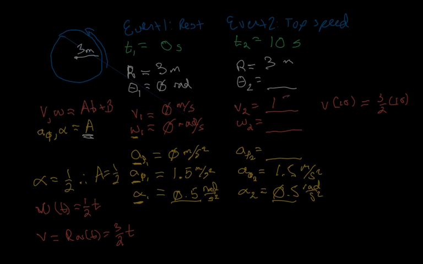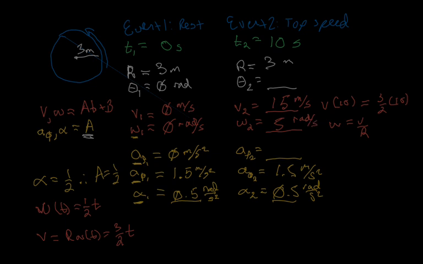So we know that this is 15 meters per second. And if we divide that by r, we can find omega, because remember, omega is v over r. If you divide that by 3, you get 5 radians per second.